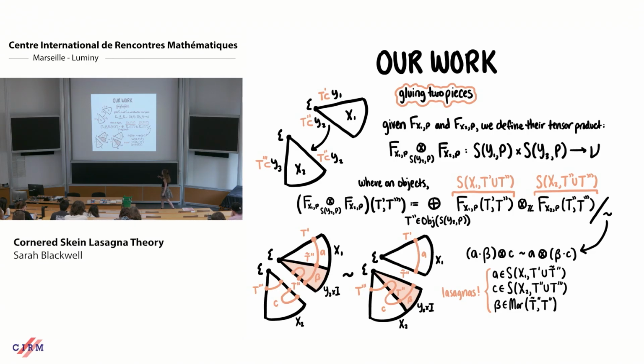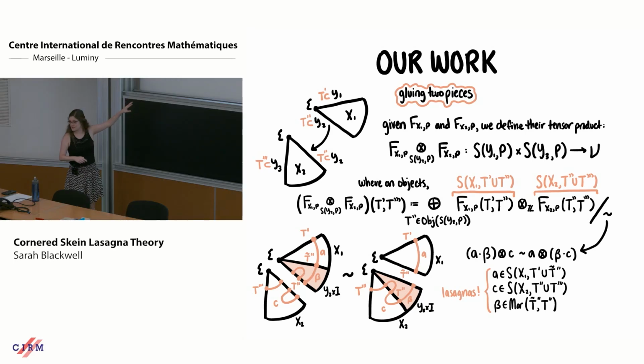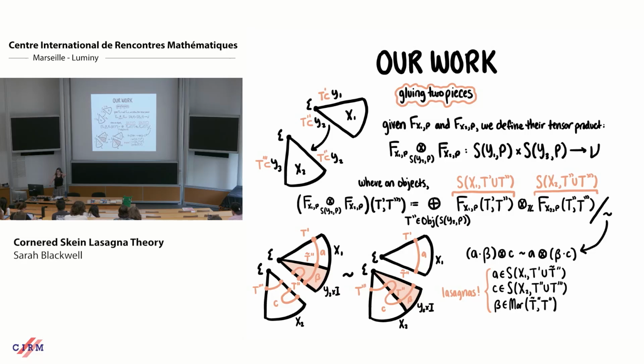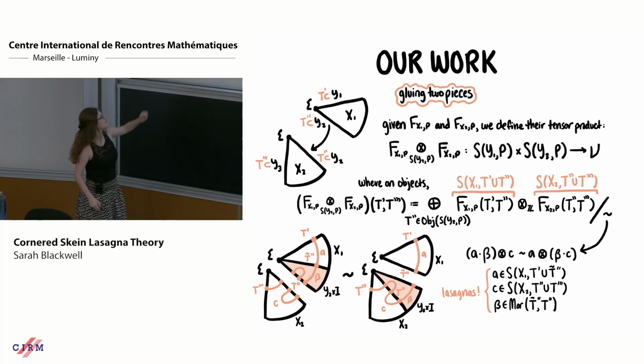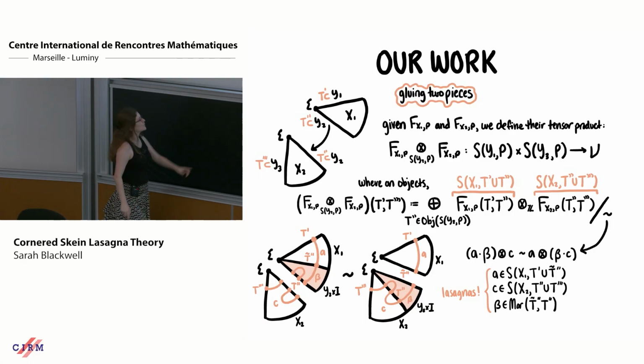And so here's the schematic. Now I'm back down a dimension, which is a little misleading. So the points are tangles, and the arcs are surfaces. They're lasagnas. The idea of what's happening is that if I have my two pieces x1 and x2, I could act by this morphism on either piece. I could do this on the top piece, or I could do it on the bottom piece.